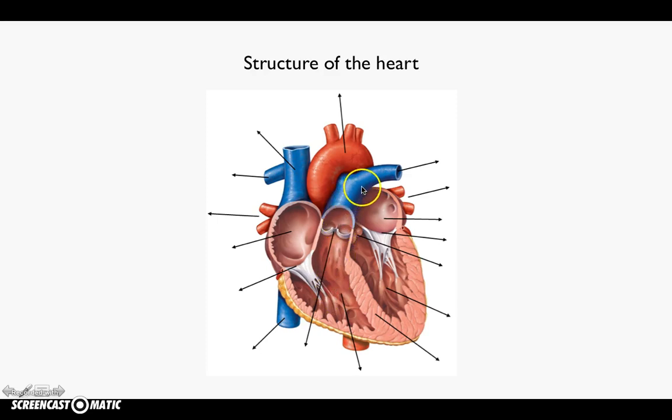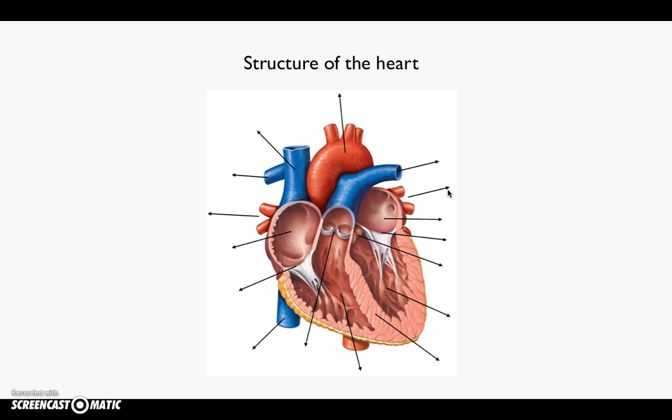So it goes up here, through the pulmonary arteries, this blue thing here, into the lungs, gets oxygenated, and comes back through the pulmonary veins, these red things here. So it comes back from the lungs oxygenated. In the lungs, gaseous exchange has taken place.